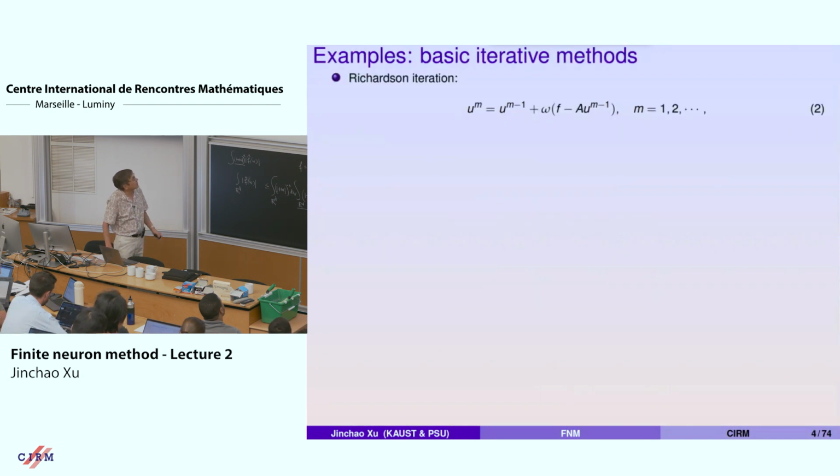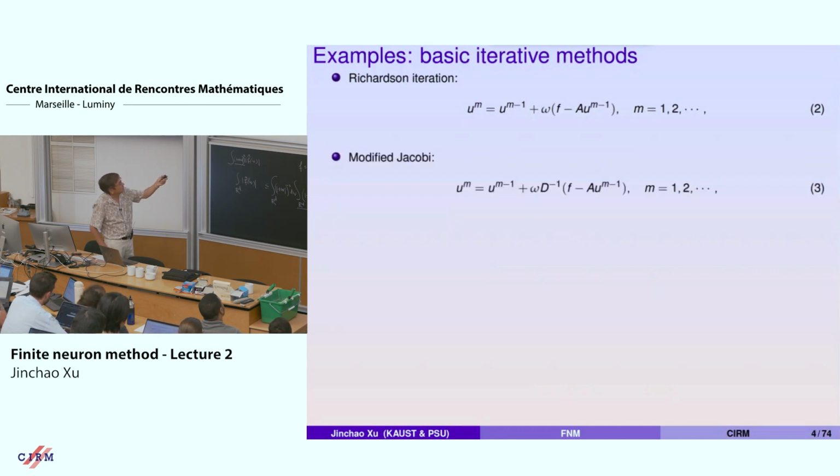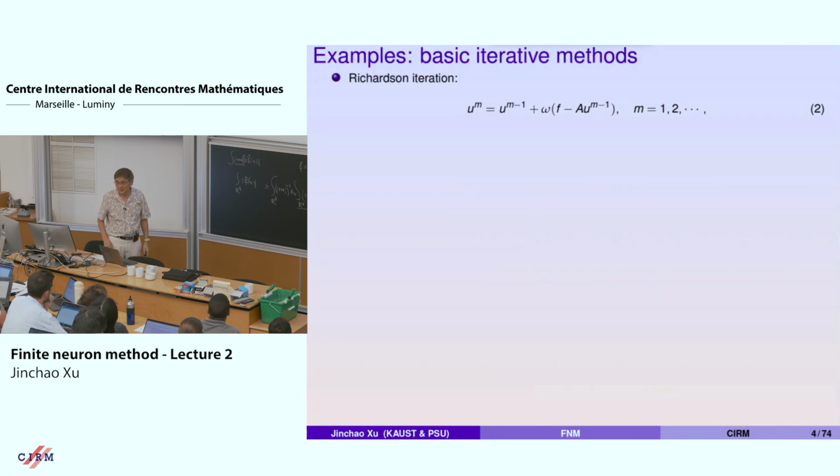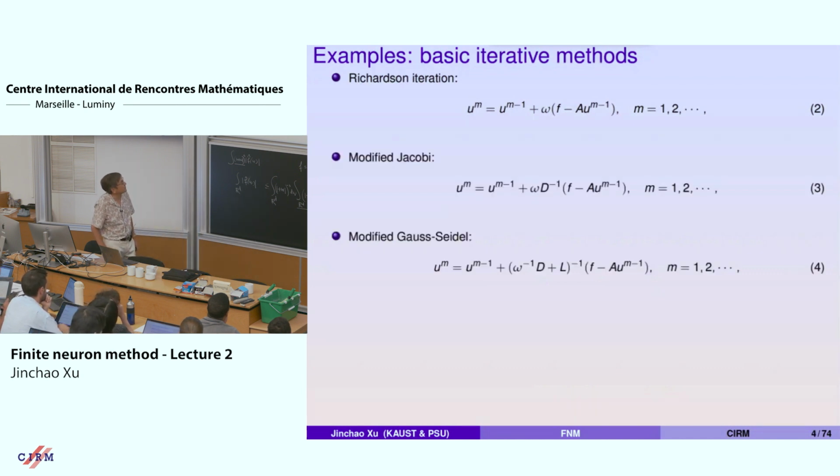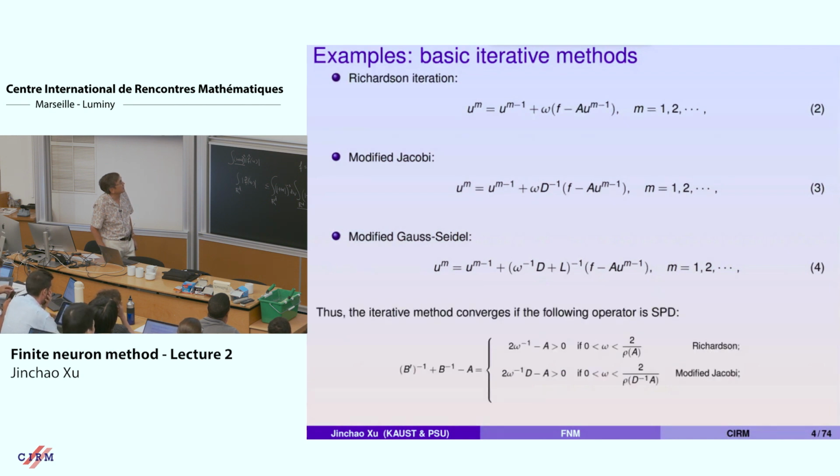The basic iterative method we call the Richardson iteration. You approximate the inverse by a number. That's the simplest method in the world. You approximate the inverse by one single number. Or you approximate the diagonal inverse. You put in the lower diagonal inverse, do some relaxation and all that.